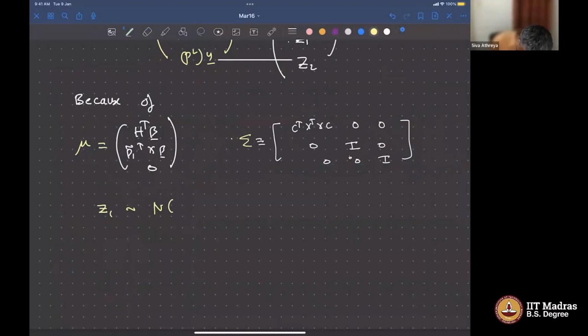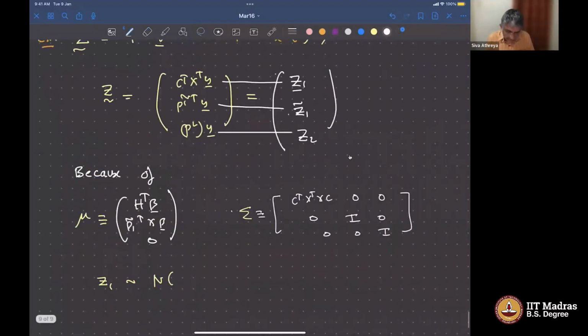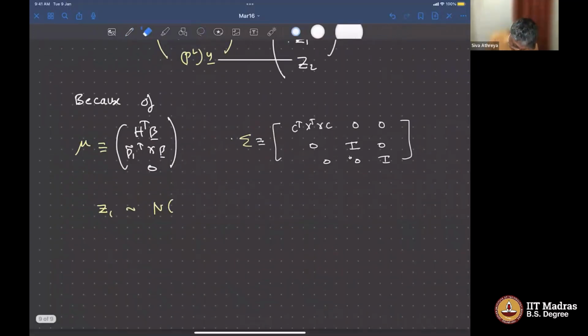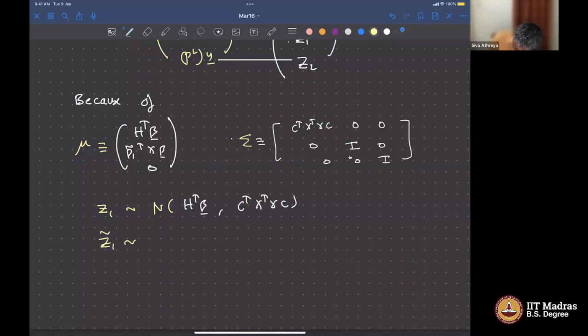So what do you know? Z1 is the first guy, with mean H transpose beta and variance C transpose X transpose C. What is Z1 tilde going to look like? That's again normal. The mean is the second guy, and I'll copy this down right here.